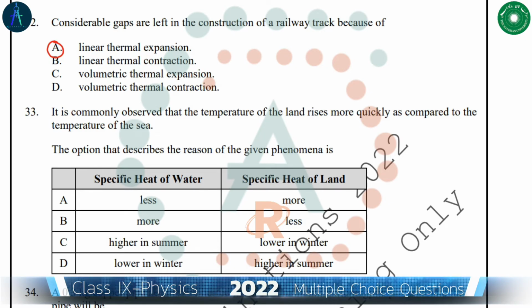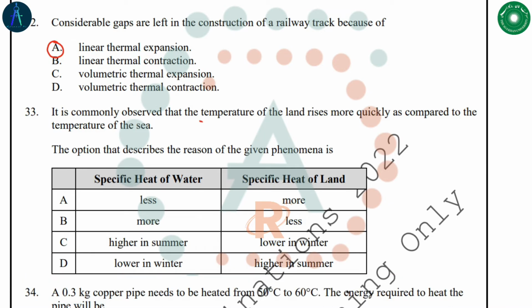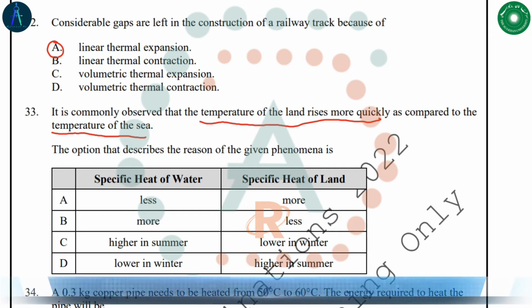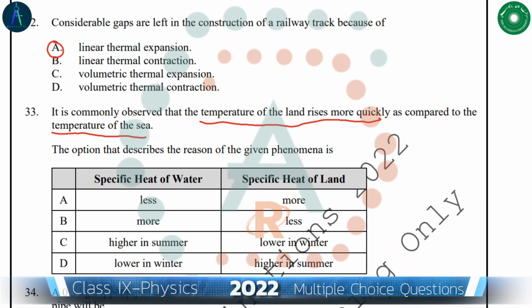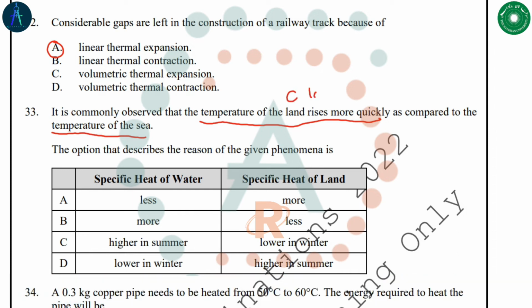It is commonly observed that the temperature of land rises more quickly as compared to the temperature of the sea. So all the substances that increase temperature very quickly have low specific heat capacities.